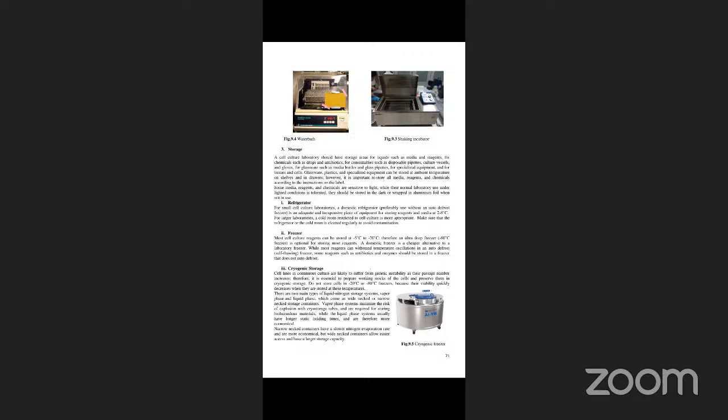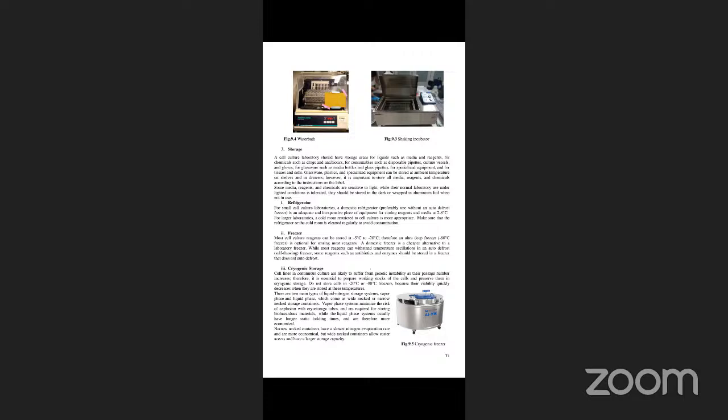Suppose I want to do an animal cell culture experiment. If I want to start today, I should not stop the experimentation for some 1 month. I have to perform all the experimentation within the 1 month.